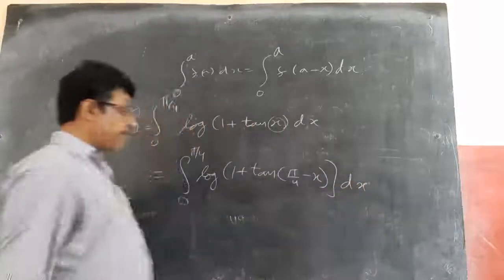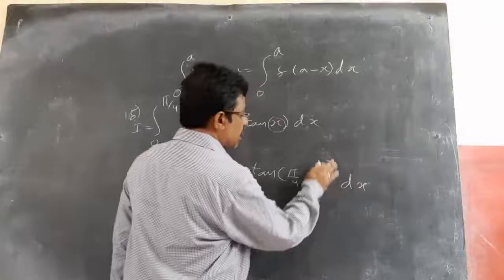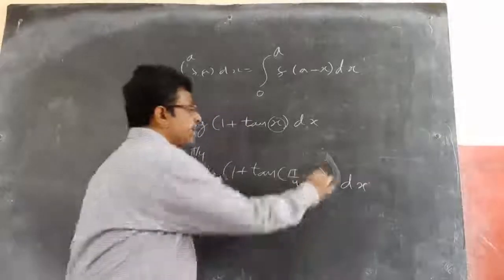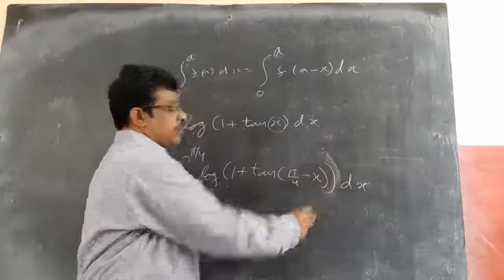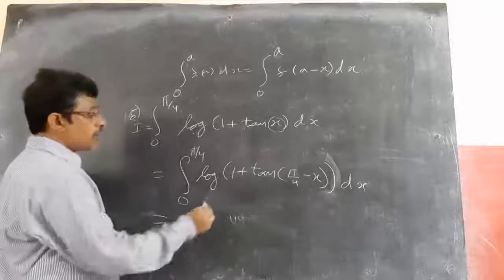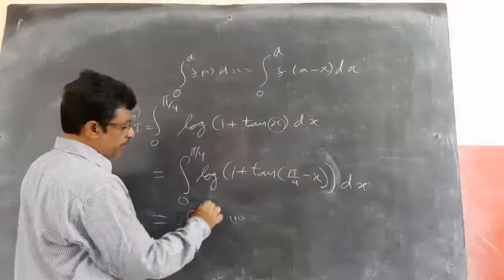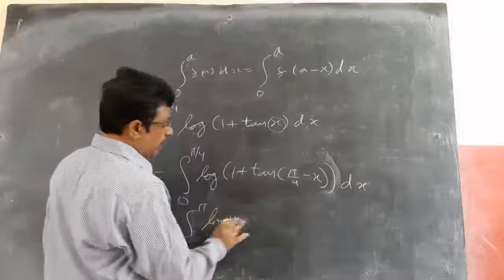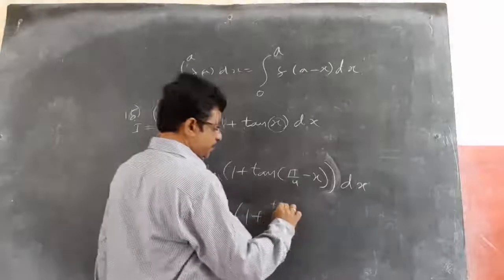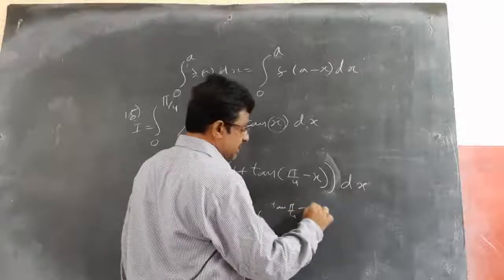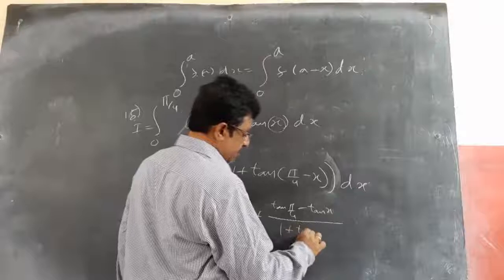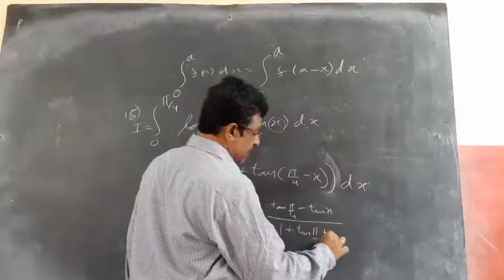So according to the property, what can I do? Integral of 0 to pi by 4 log of 1 plus tan of, in place of x I am substituting a minus x, pi by 4 minus x. So I applied the property. What happens? We will check. 0 to pi by 4 log of 1 plus, this is the tan of a minus b formula, tan a minus tan b by 1 plus tan a tan b.